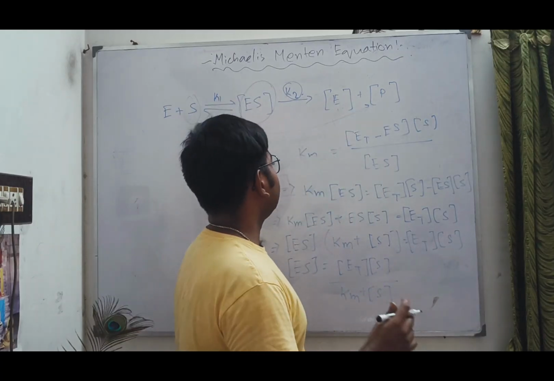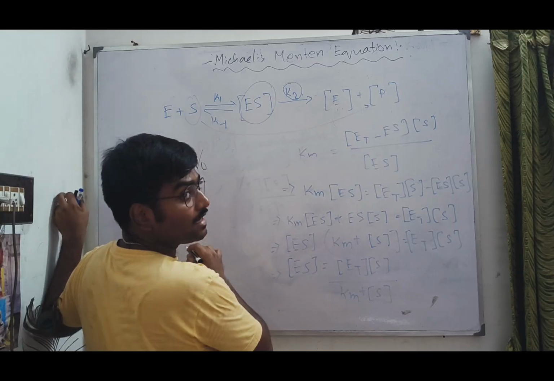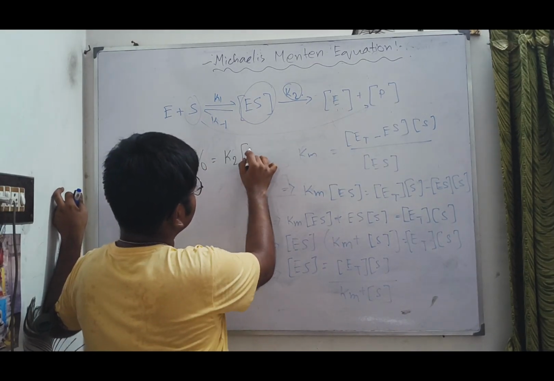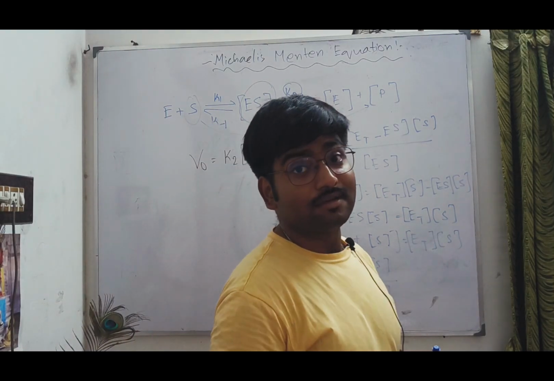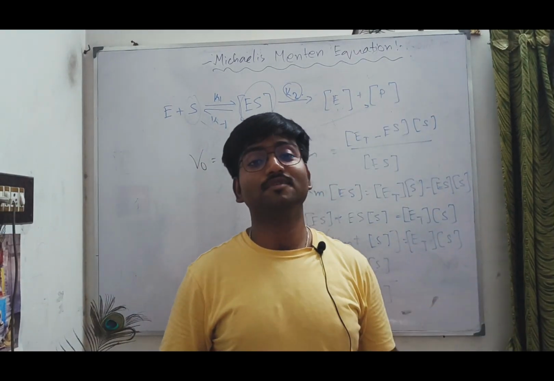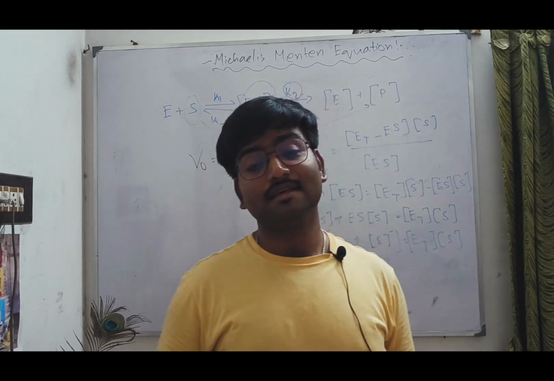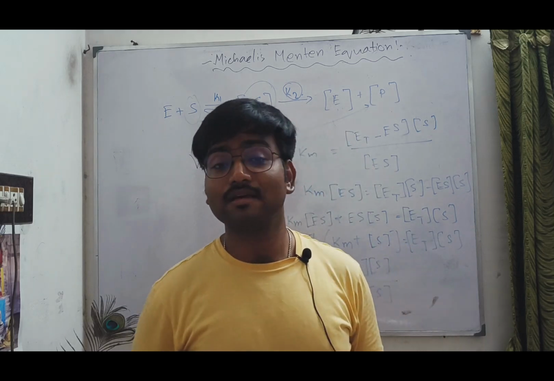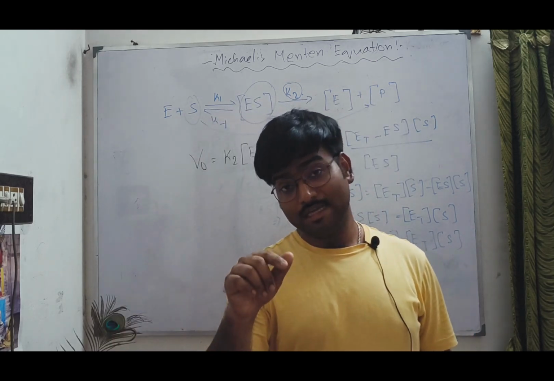So I can also write V0, the starting point, equals K2 ES. You will say, sir, what is K2 ES? Think about it. In the beginning, what I have written on the board: E plus S, K1 reversible sign K minus 1, that is ES, the enzyme substrate complex, then K2, enzyme plus product.